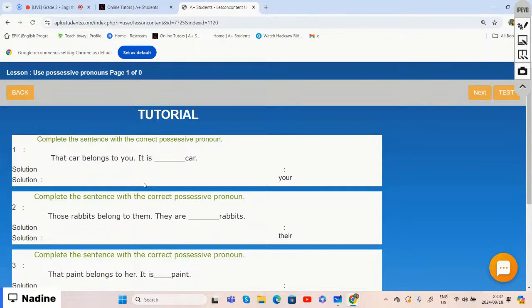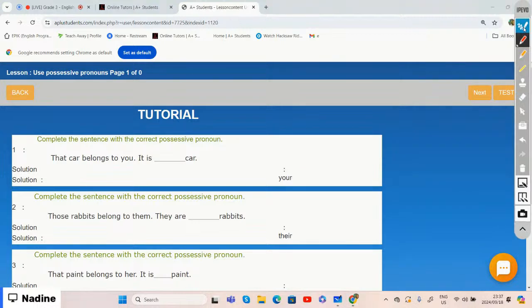If those rabbits belong to them, then we can say they are their rabbits. It belongs to them, so it is theirs. Well done.